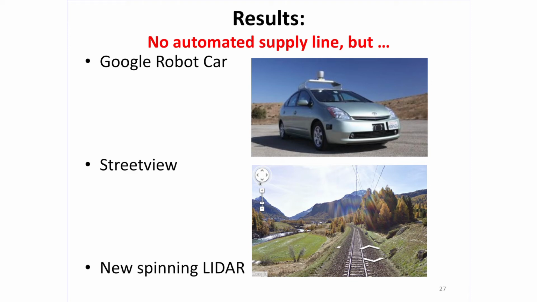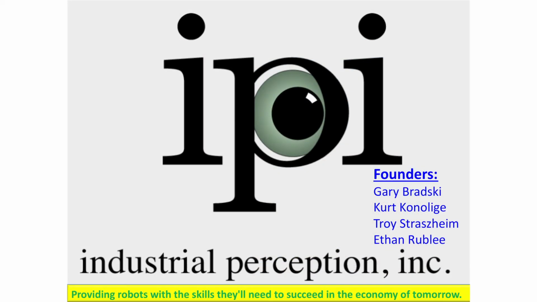There's others. So I went to Willow, and then we decided to gather a small internal group and pursue industrial applications. We thought we would be entering, you can't really see it. The company's motto is we're providing robots with the skills they'll need to succeed in the economy of tomorrow.